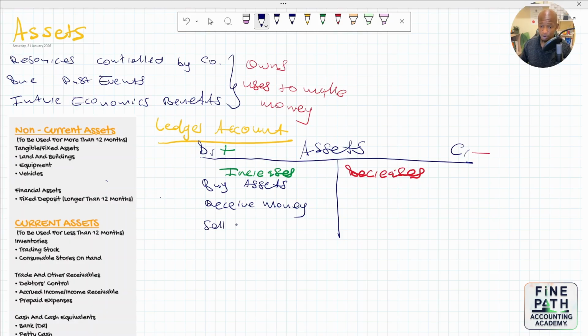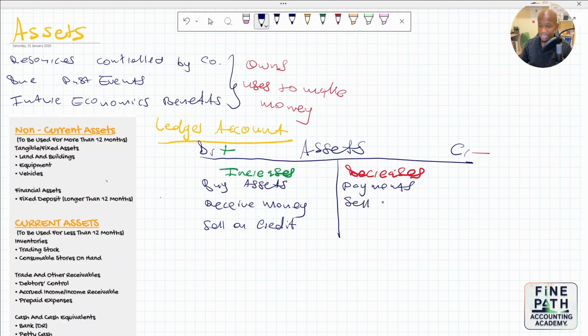When we sell on credit, it means that we have a debtor. Someone owes us money and they have to pay us back our money sometime in the future or give us back our assets. Now let's look at the types of transactions that might decrease our assets. Here, any payments that we make reduce our bank balance, so that would decrease our assets.